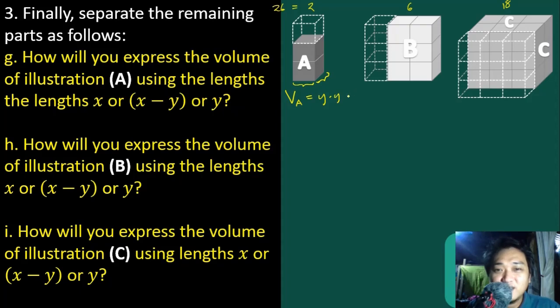Kasi alam naman natin na yung volume of this solids is equivalent to length times width times height. Huwag po natin kalimutan, the new height, we could express it as x minus y. So, this is the length, this is the width, and this is the new height, which is x minus y.